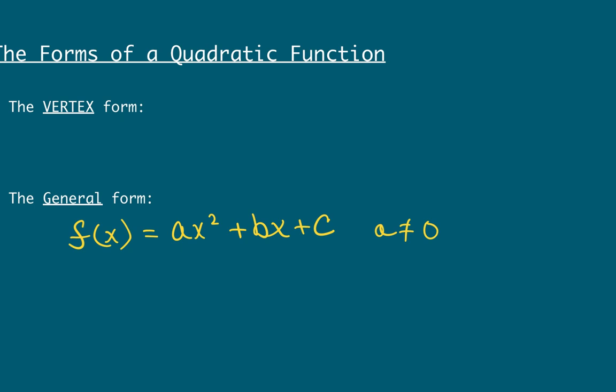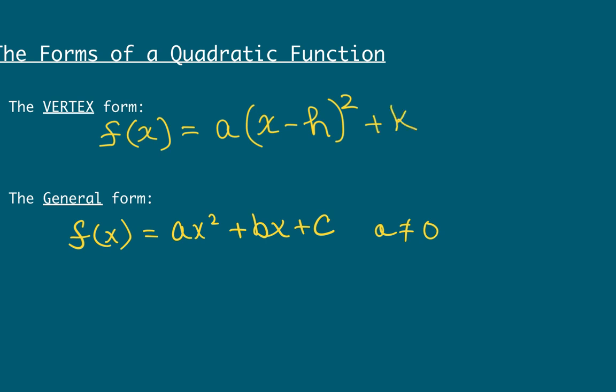The vertex form is just a rearrangement, and that is when we have the vertex of our parabola already displayed in the version of our form of the function. So that's if we have f of x equals a times (x minus h) squared plus k.